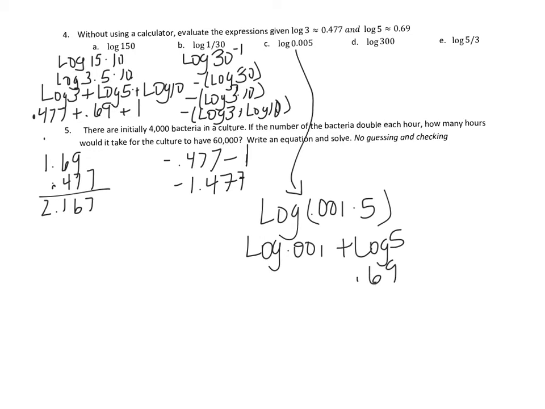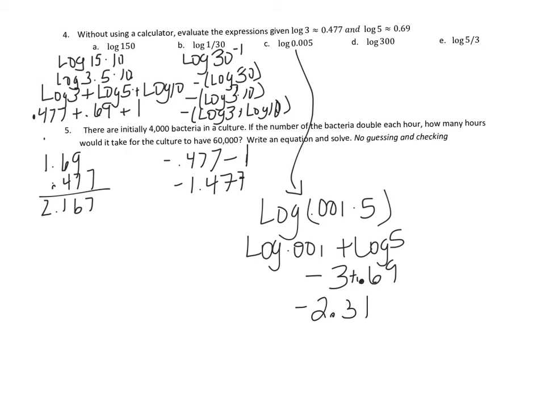The log of 0.001: 1, 2, 3. Look at that, 3 decimal places, so that's negative 3 plus 0.69, which is going to be negative 2.31.